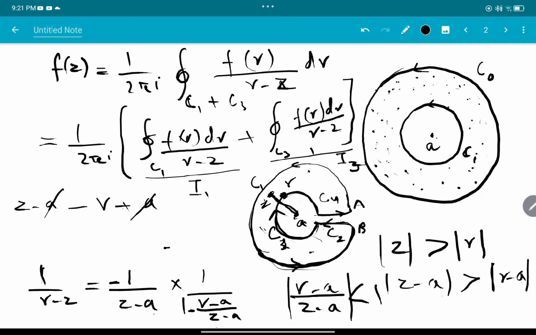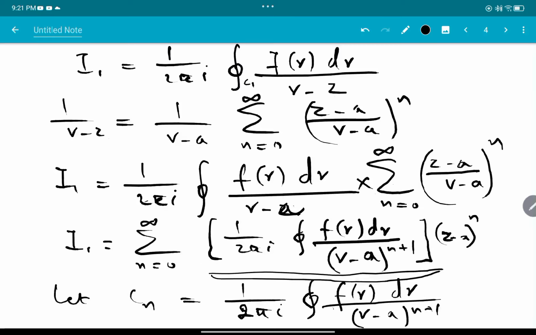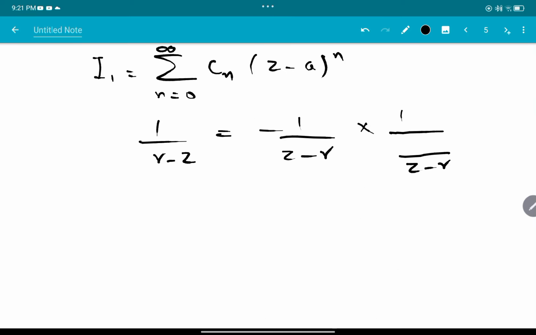1 by gamma minus Z is equal to minus 1 by Z minus A into 1 by 1 minus gamma minus A divided by Z minus A. So I go back and write this there and simplify it. We have already tested that. Now this is my geometric series.